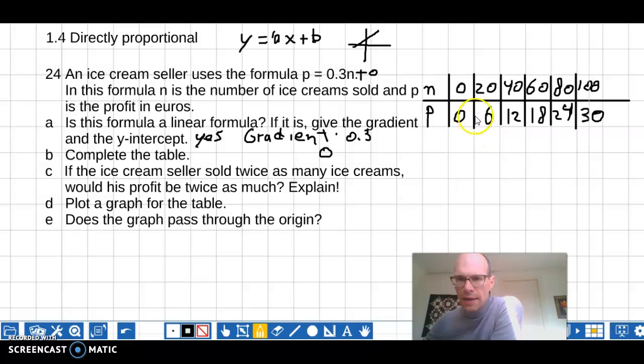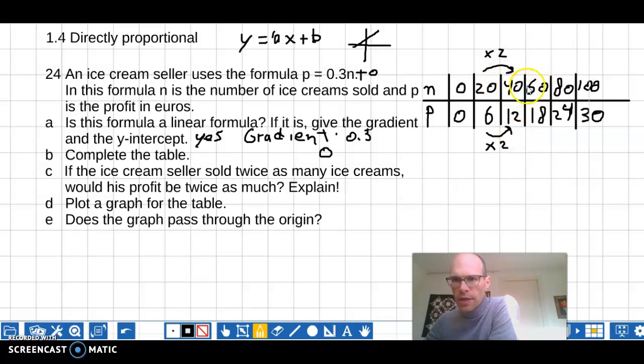Okay, so I have completed the table. Then with C, if the ice cream seller sold twice as many ice creams, would his profit be twice as much? Explain. If we go from 20 to 40, we multiply by 2. What is the ratio over here? 6 multiplied by what number is 12? It's 2. So you multiply by 2 as well.